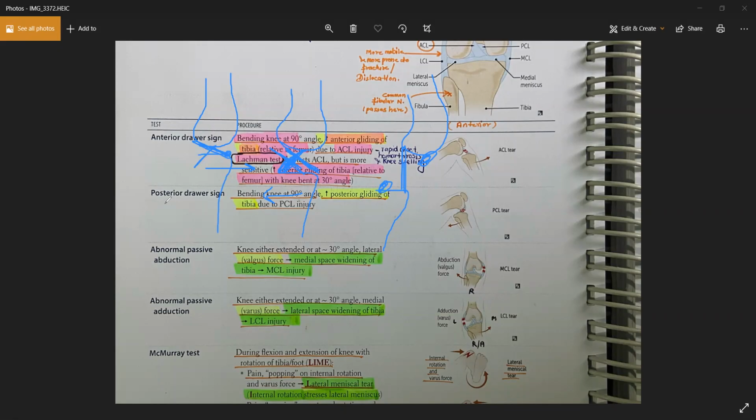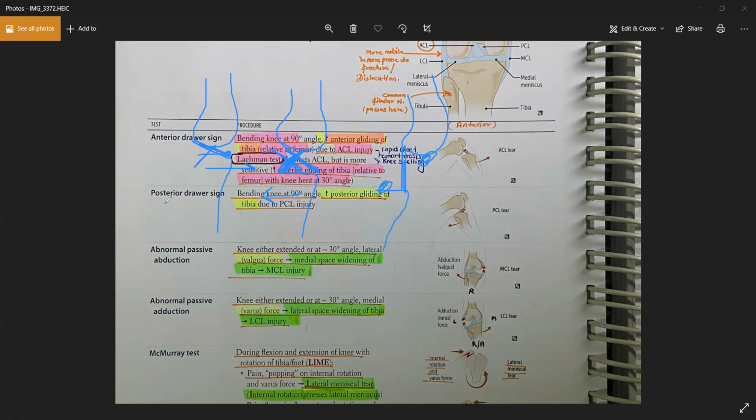And if I'm having a posterior dislocation of my tibia, then what nerve can get damaged? The tibial nerve. So in scenarios where you have PCL damage, you can also have impingement or compression of the tibial nerve.